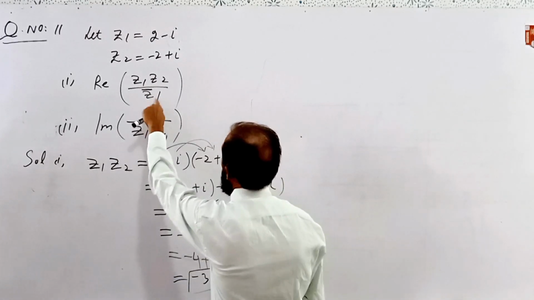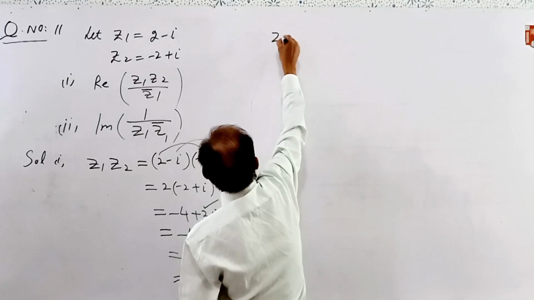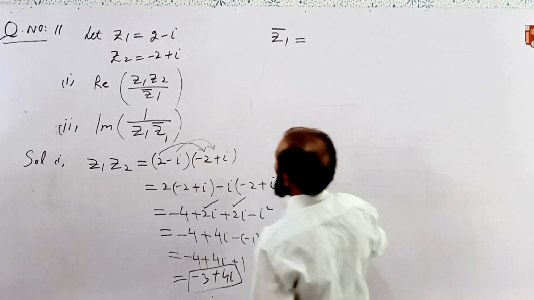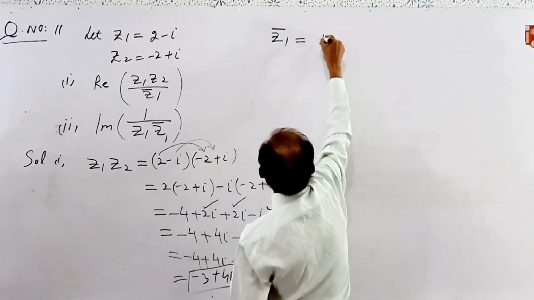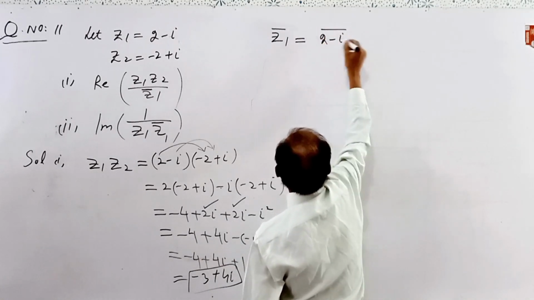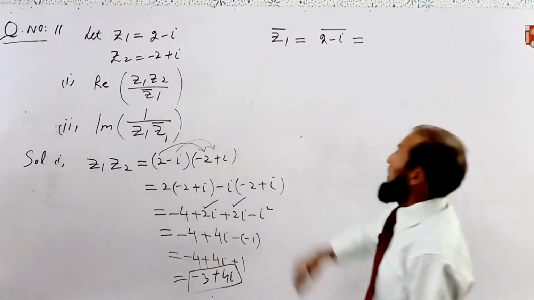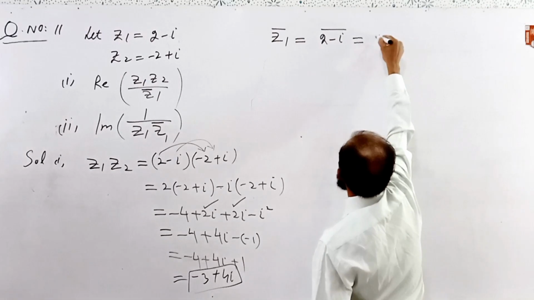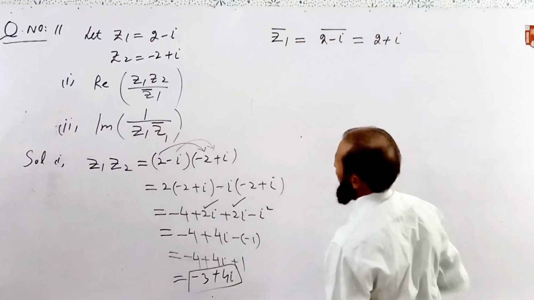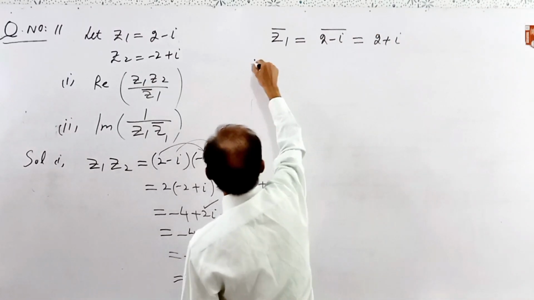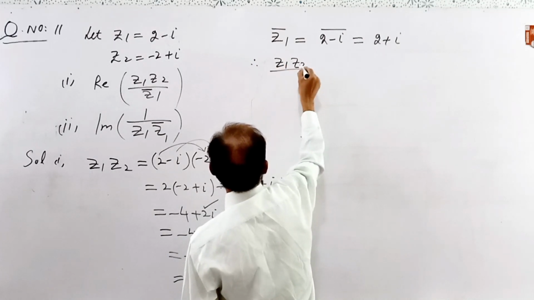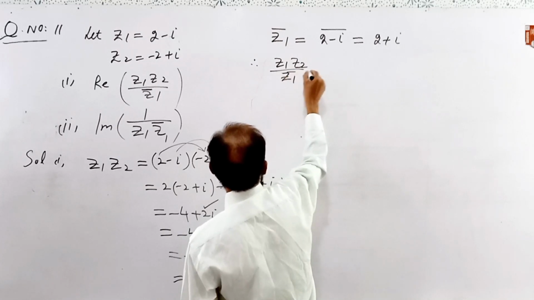Now we are required the second term, z1 conjugate. So z1 bar is required of z1. We can write 2 minus iota bar. We already discussed this is the conjugate. Now we change the imaginary part minus into plus iota. Now we divide z1 z2 divided by z1 bar.